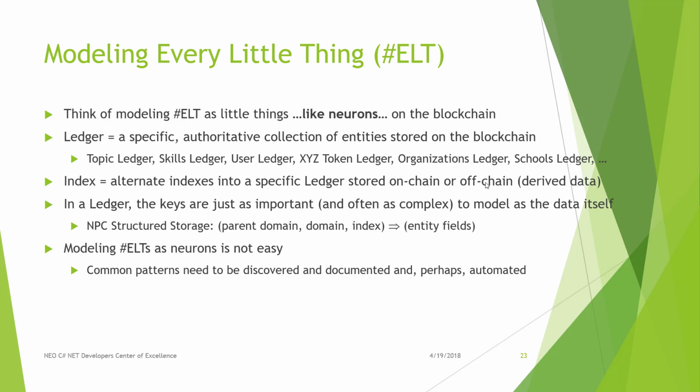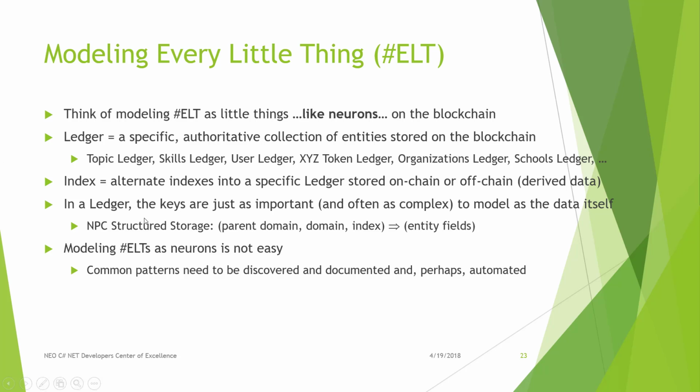So that's something that's on the roadmap, to be able to have a symmetric programming model on-chain and off-chain, and then the concept here is the concept of an index into your ledger.